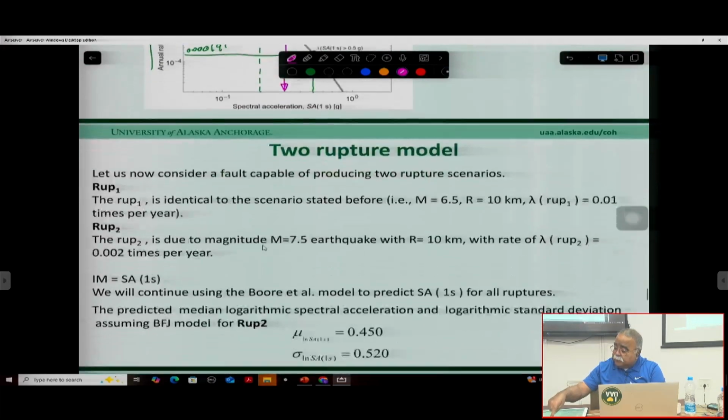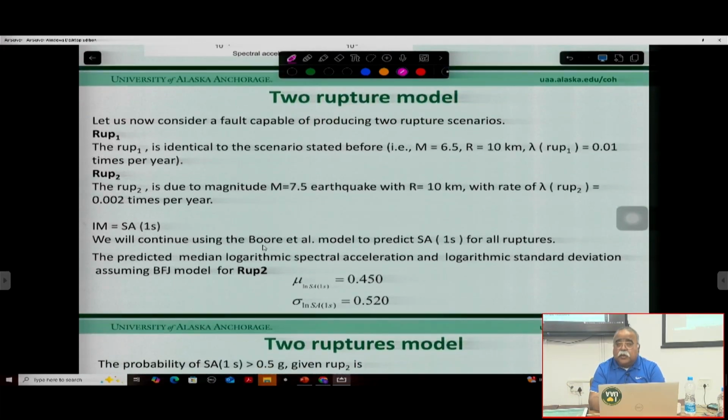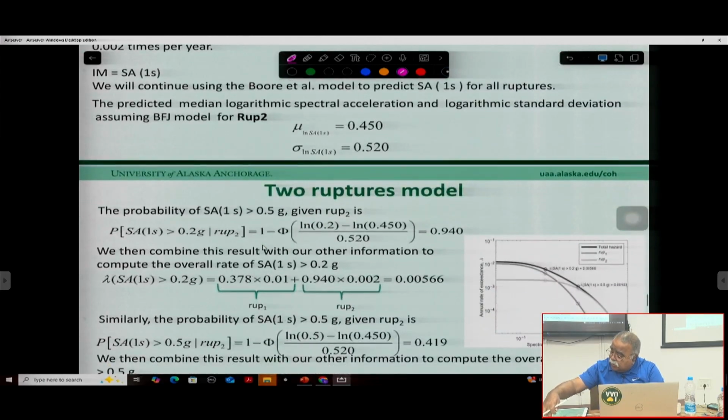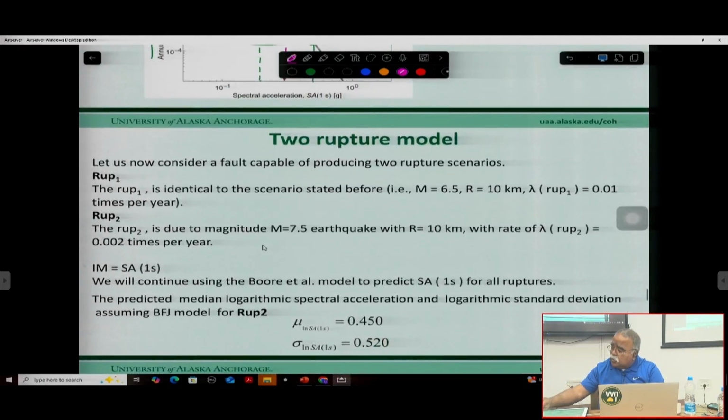Now if you have two ruptures, that means the fault is bounded. So there are two faults here, and this is the site, right? They have a rupture 1, and then this is a rupture 2.